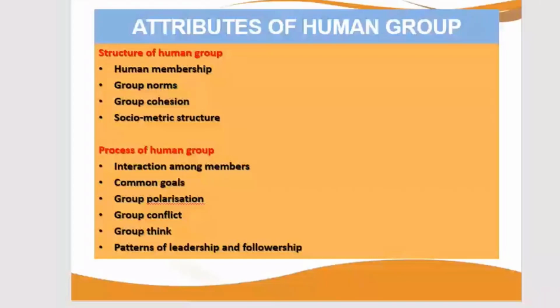A group norm are the rules that you set within a group, the customs, the routine that you believe in. They say being a member of a social group may require one to behave in a particular way that is expected of each member belonging to that particular group.